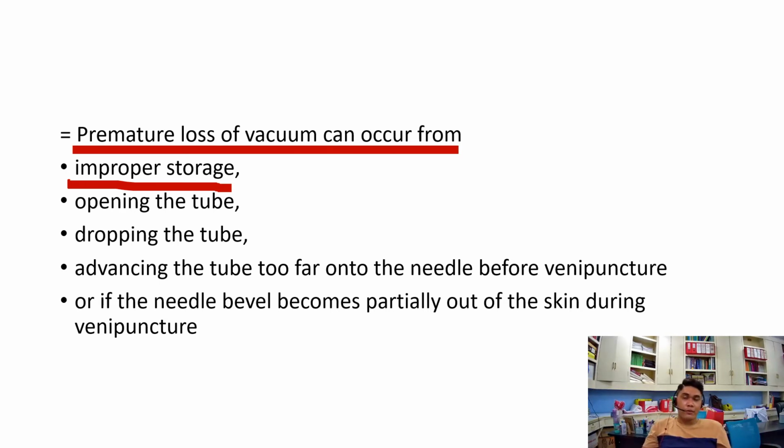And while you're probing, you try to pull the needle, then accidentally there's a portion of the bevel that was exposed to the air. Then automatically, there will be a premature loss of vacuum from that evacuated tube. So those are the causes of premature loss of vacuum in our evacuated tubes.